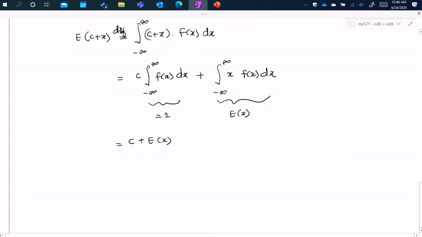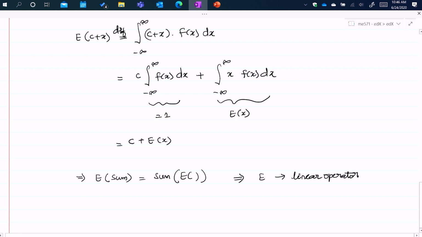And an important property of this is expected value of a sum is always going to be equal to the sum of expected values. So this in turn means expectation is a linear operator.